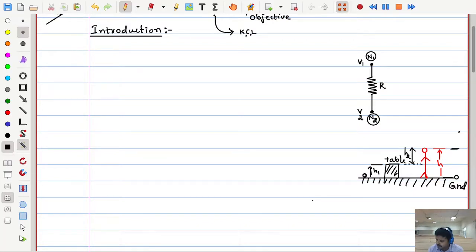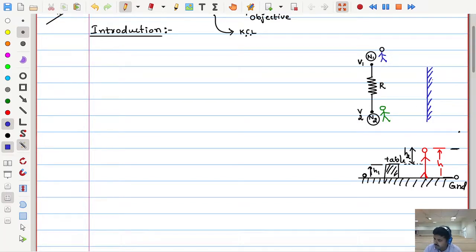In the same way, let us assume that N1 is one person who is standing at N1, and N2 is another person. It means N2 is the area where one more person is standing. Now this N1 person has a potential of V1, and this potential V1 is measured from a common 0 value, just like the earth surface.